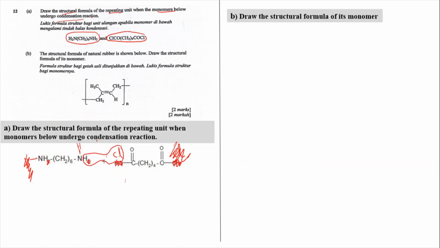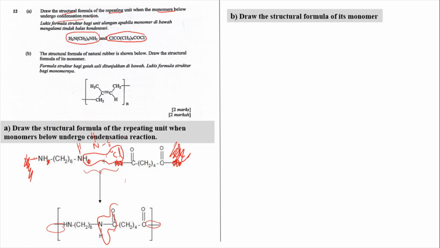So what they form is an amide bond, which links the two monomers together in order to form a polymer. The H plus at the side here is removed because it's going to connect with the next monomer, and the Cl here is removed in order to connect with the next monomer. So this linkage here is important.